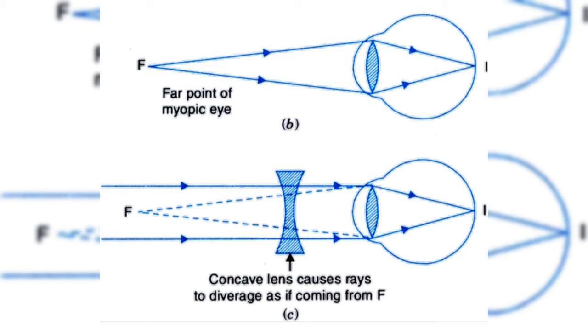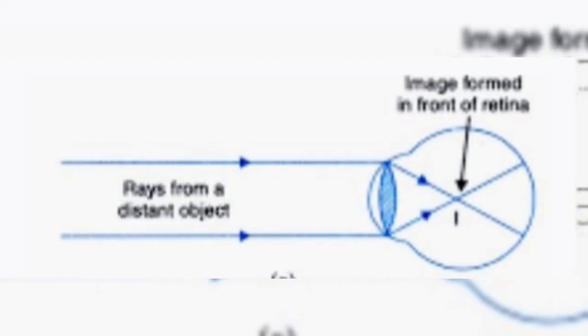In this case, the parallel rays of light coming from the distant object converge to form an image in front of the retina, due to which the eye cannot see the distant object clearly. The image is formed in front of the retina due to the high converging power of the eye lens and the too long size of the eyeball.